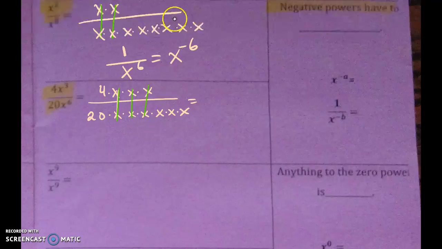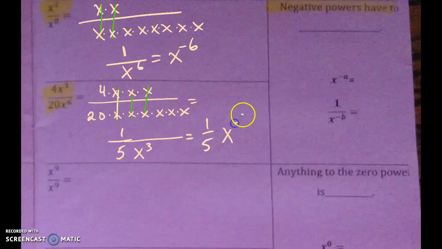I know that 4 over 20 can be simplified to 1/5. And then I have 3 x's left on the bottom here, so x to the 3rd. I also know that 3 minus 6 is negative 3. So I could write this as 1 over 5 x to the negative 3rd.